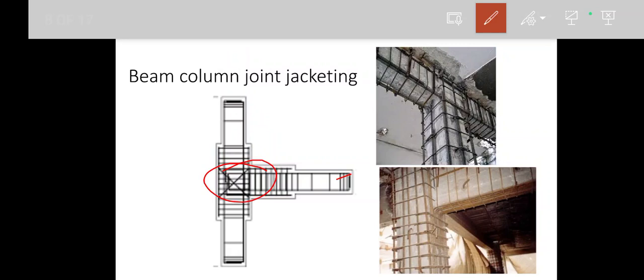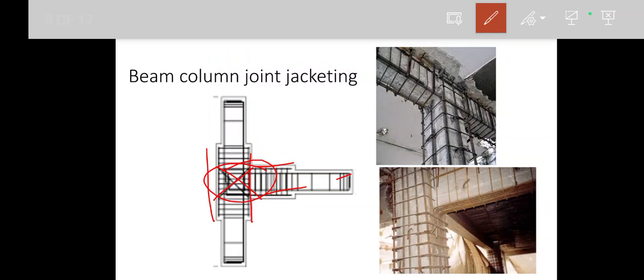For that, many IS codes, mainly the earthquake codes, provide many detailings. Based on that, we always have to strengthen this beam column connection. We have to provide extra reinforcement so that the dimensions of the column and beam connecting the junction can be improved, and along with that we have to provide X shape bracings.